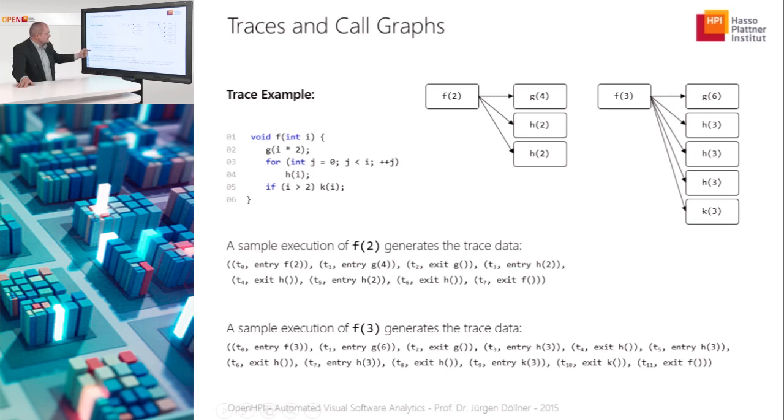So in the first example, f with parameter 2, we get these trace data entries, the entering in a function and the exit of a function is explicitly recorded, and parameters are recorded as well. This is still an abstract representation of trace data, also for the second use case, it's a little bit longer.